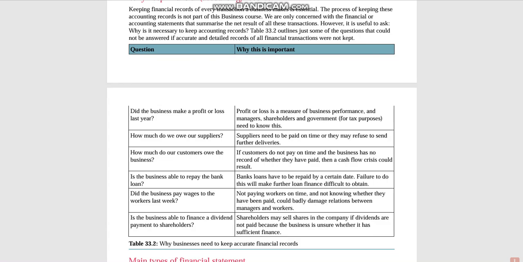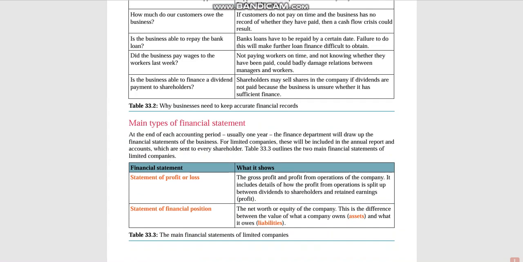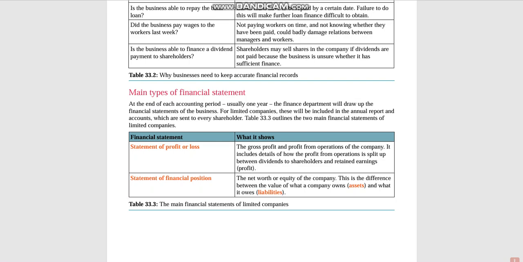So moving forward, there's two main types of financial statements. One is a statement of profit or loss, and the second is a statement of financial position. So profit or loss will show you gross profit from operations of the company, and it shows how the profit is split up amongst the company. Like you pay some dividends to the people who own shares of your company.